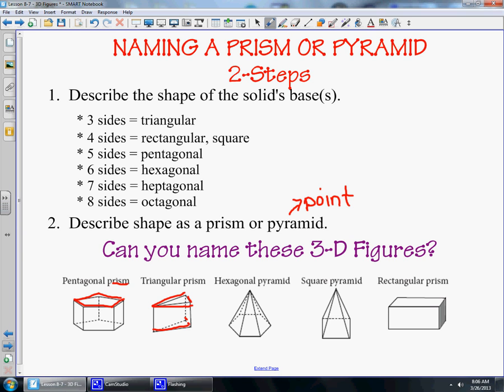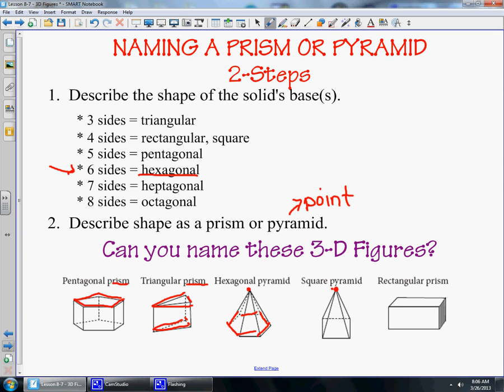They're connected by rectangles, which makes it a triangular prism. Now we know this is going to be a pyramid because it comes to a point, so now we just need to name the base. So it's a 1, 2, 3, 4, 5, 6-sided figure, which would be a hexagon, so it's a hexagonal pyramid.